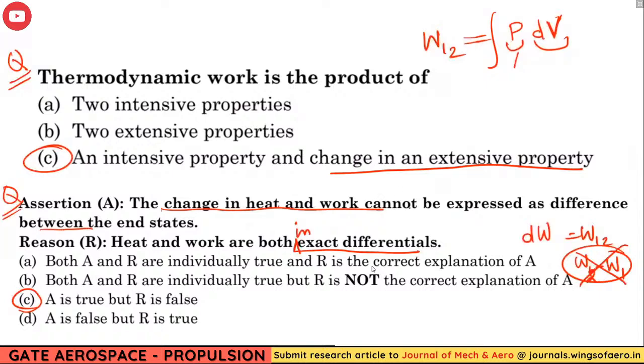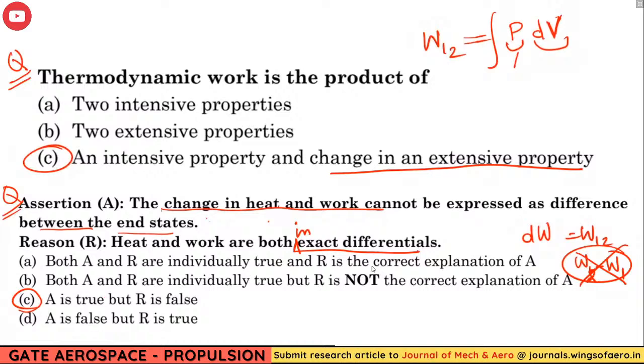It cannot be expressed as a difference of the end states, that is, the initial point 1 and the final point 2. It depends on the process. Keep that in mind.